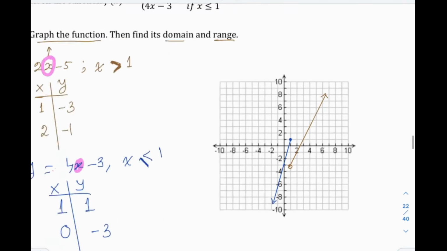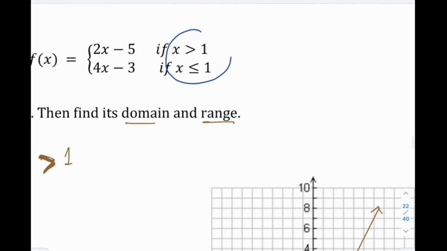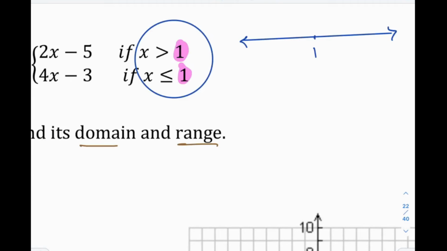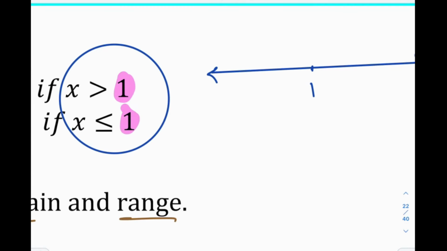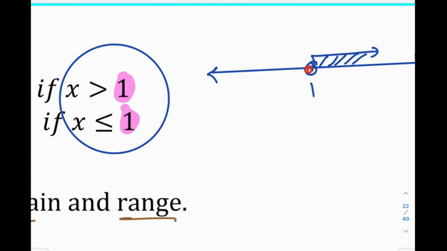Now, what will be the domain? Let's check the x values that we can choose from. We will use a number line like this. The point that is in the question is only 1, so we will put 1. We can use values that are more than 1, so it's in this direction. And we can use also points that are less than or equal to 1.